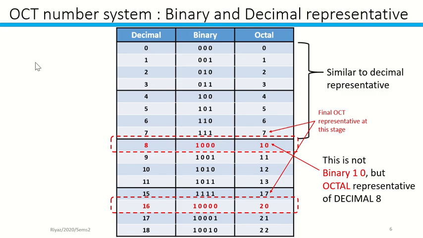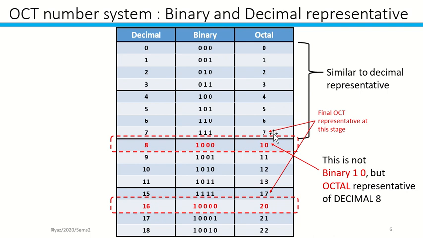In the octal number system representation, you have a normal decimal 0, which is also octal 0, and binary 000. So you need 3 bits for this one. 1 is 1, 4 is 4, and for 7 your binary is 111 already and the octal is 7.